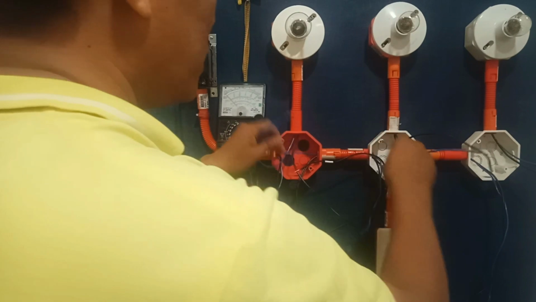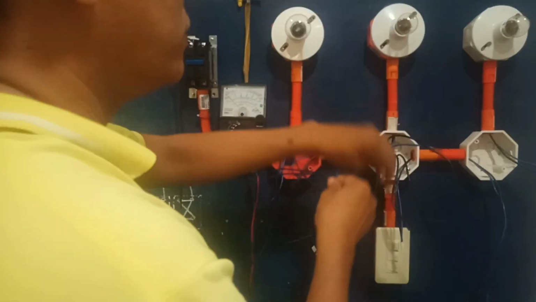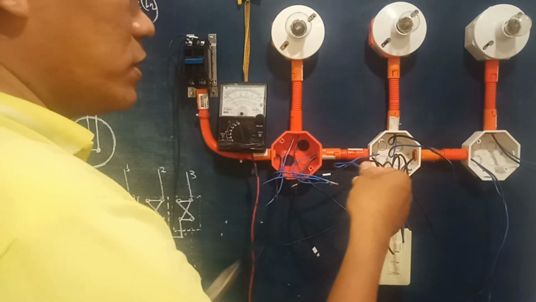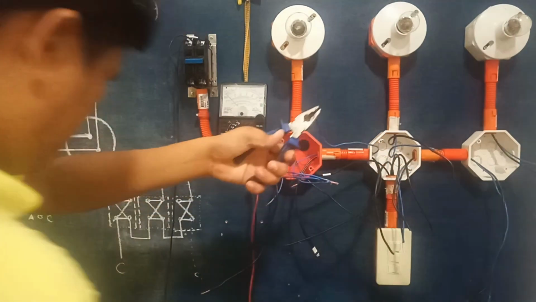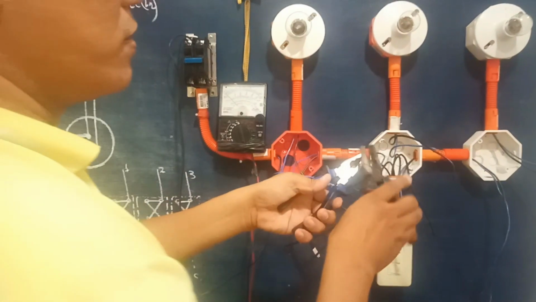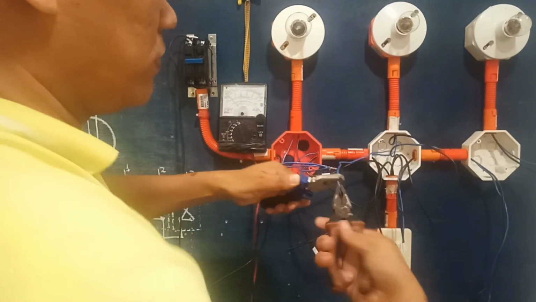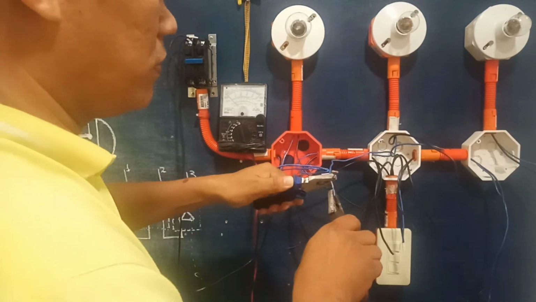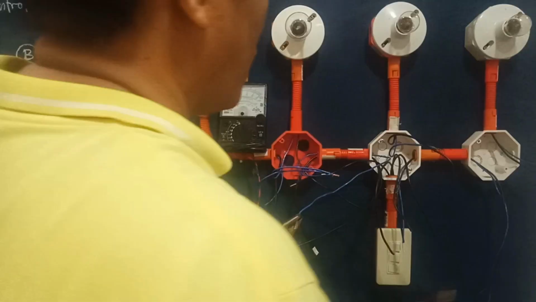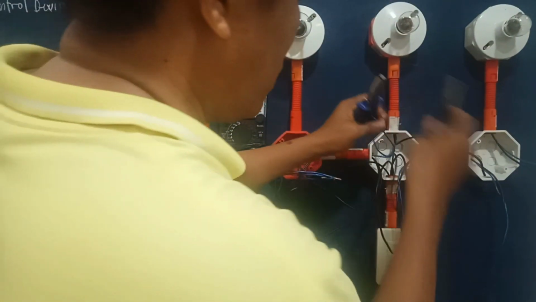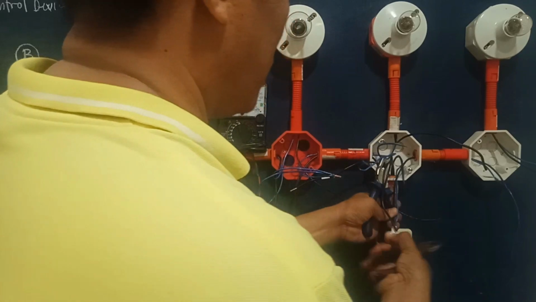Then of course the other side, first cycle also, this one. So need to remove the insulator of the wires first, this way. Okay, remove this one, then twist again right here. Alright, and also coming here from the load B, and also to the other side right here.